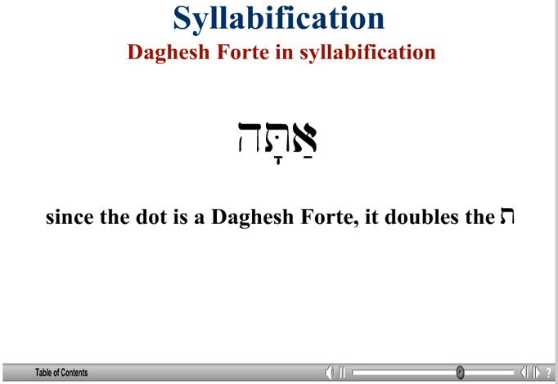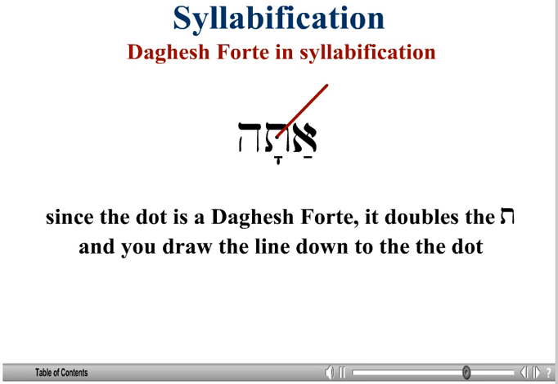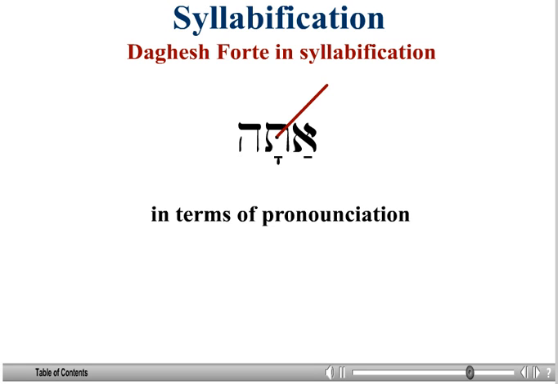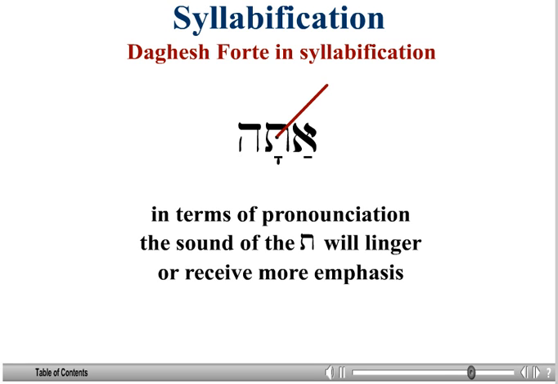So when you divide this word into syllables, having recognized this dot as a Dagesh Forte, simply draw a vertical or a diagonal line down to the dot. Now you have signified that this is a Dagesh Forte, and you have split the double tau. In terms of pronunciation, the sound of the tau will linger a bit longer or receive a bit more emphasis. Let me again pronounce the word. Atta.